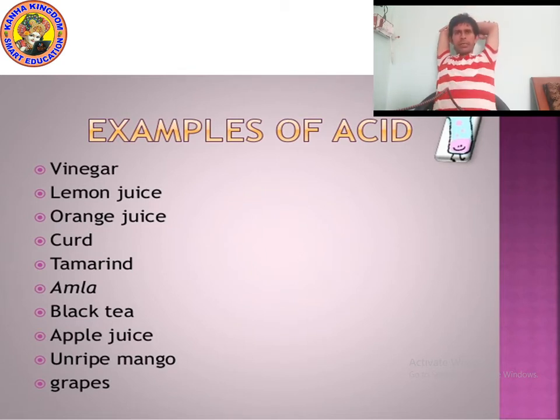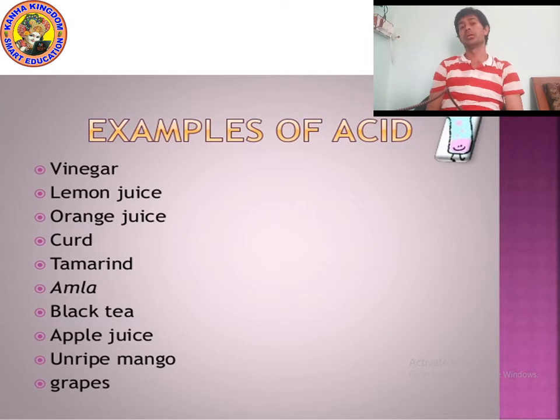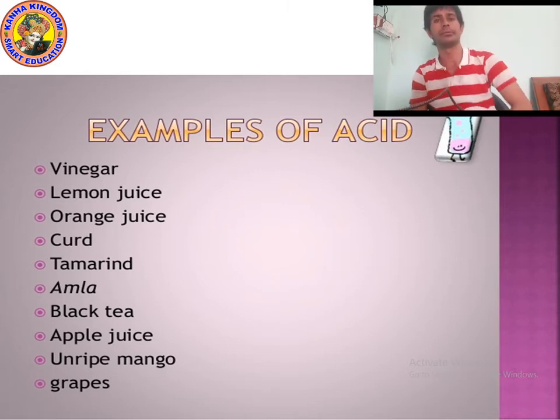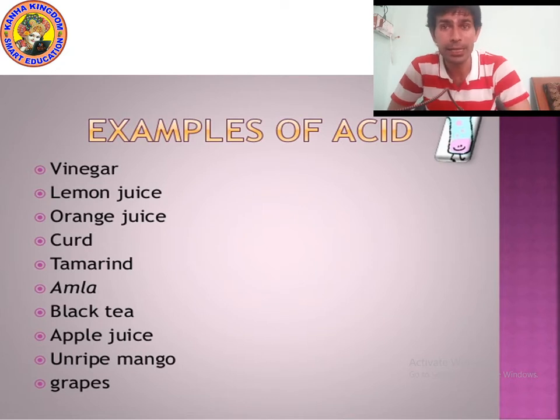Even in orange juice acid is present. In curd also acid is present. Tamarind has tartaric acid. Amla too. Black tea, yes kids, black tea contains acid.